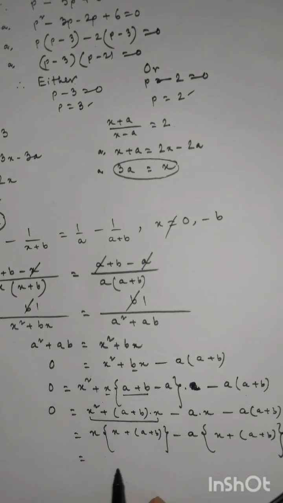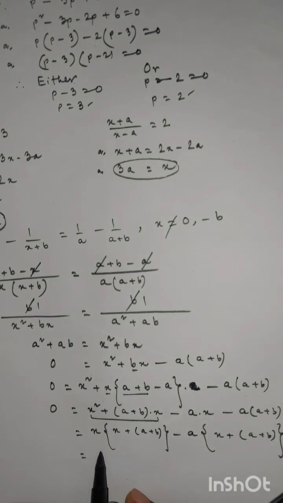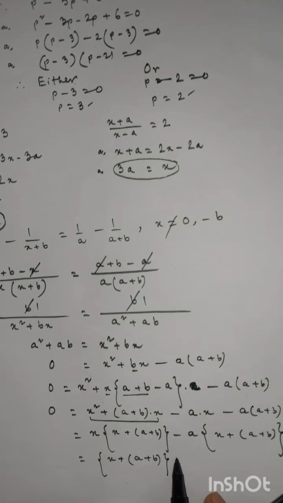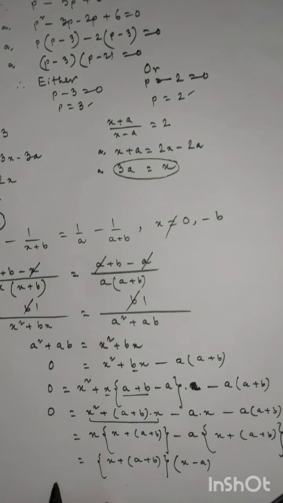Now if we take x plus a plus b common, we are left with x minus a. Okay, equal to 0.